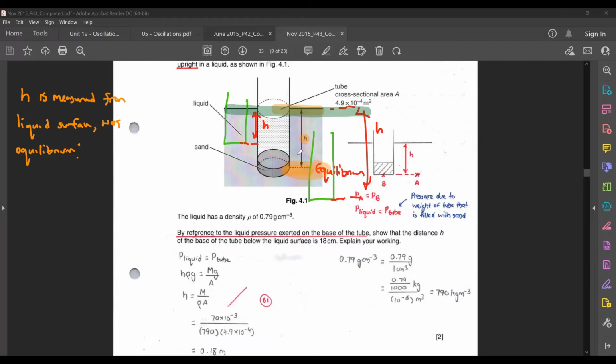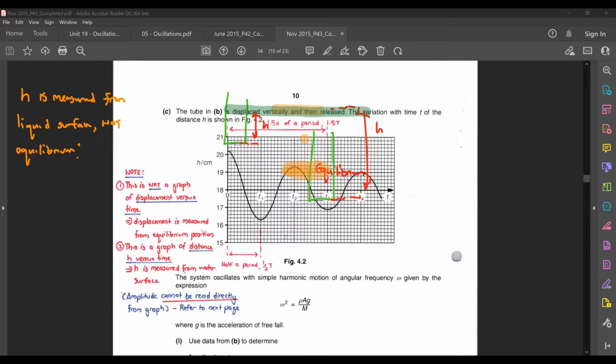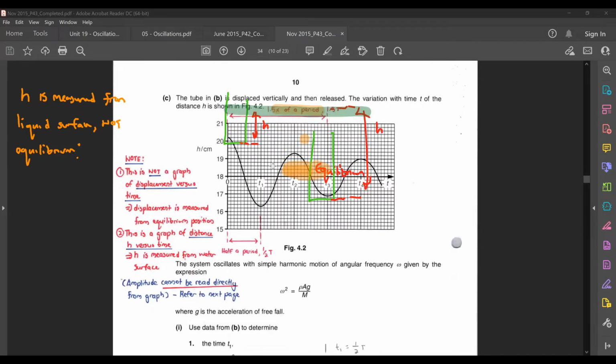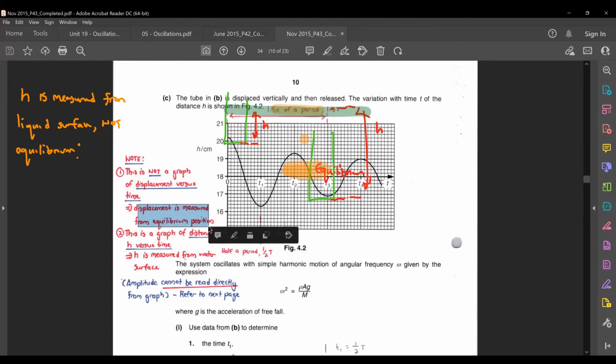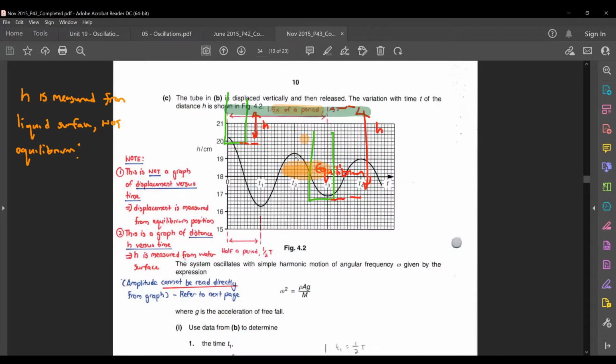So the graph that you're having right here is actually a bit different than the one that you're supposed to see. It's not a displacement time graph. Displacement for your case is defined as distance from equilibrium. But here, your graph is height versus time. The height is not measured from equilibrium. It is measured from the water surface.